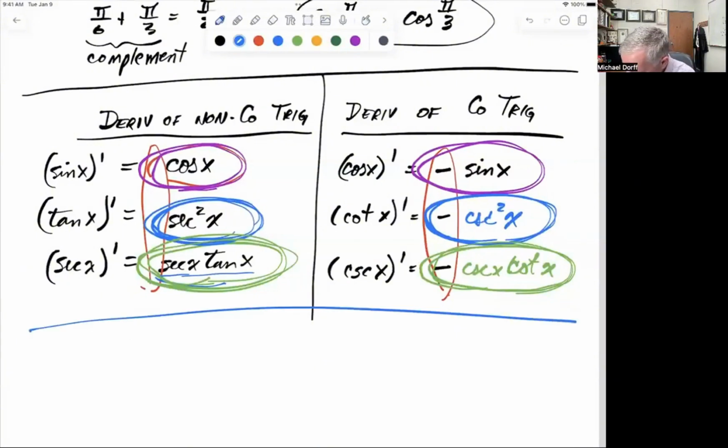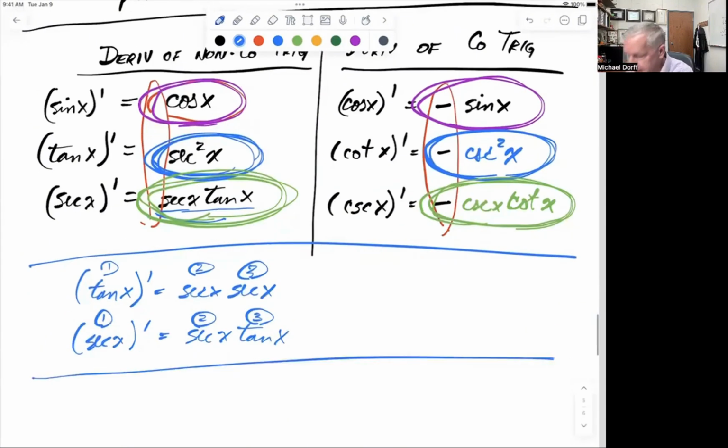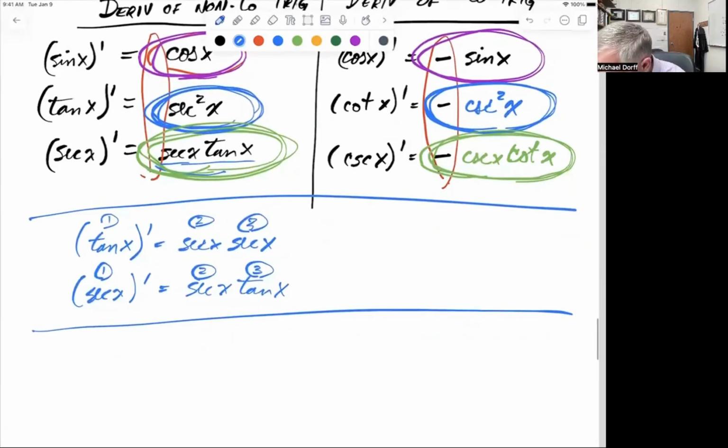So the derivative of tangent gives a tangent, a secant, and a secant. And the derivative of secant gives a secant and a tangent. That might help you remember those different values.